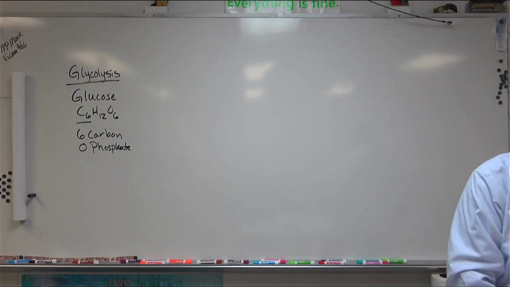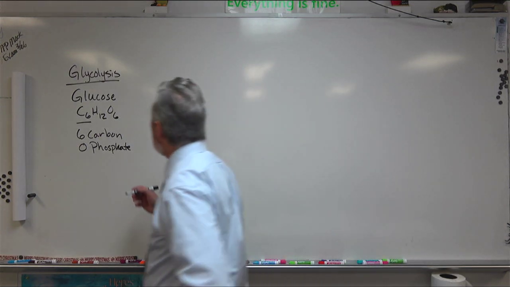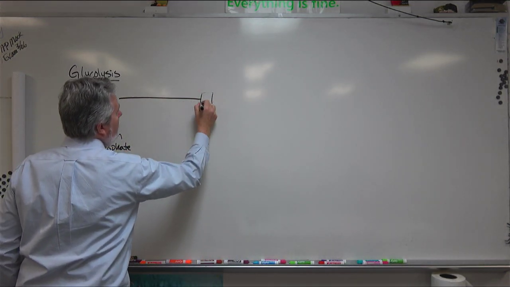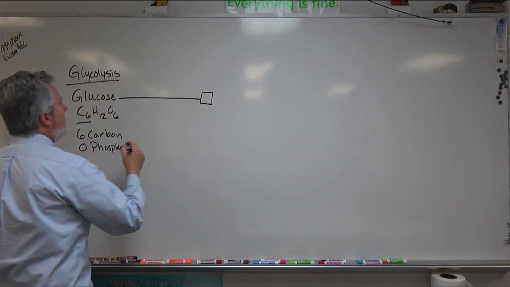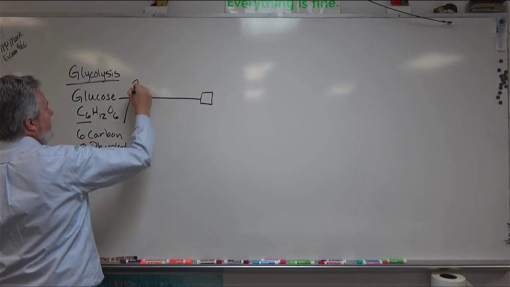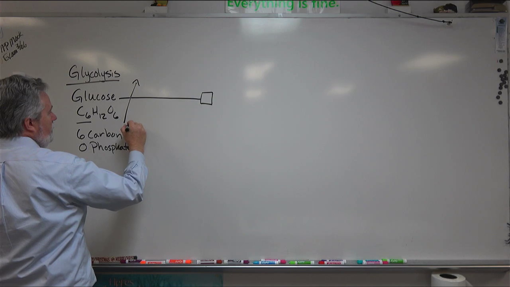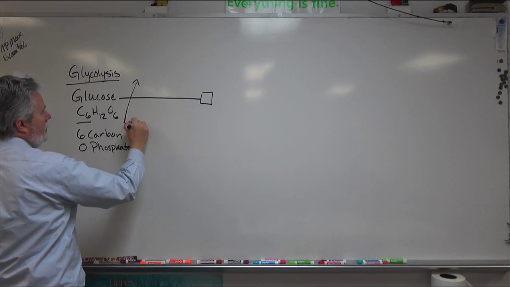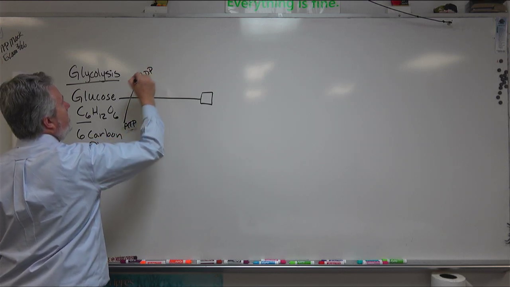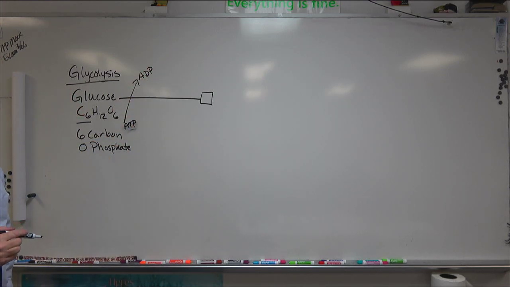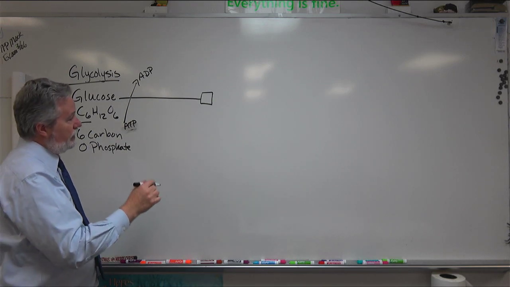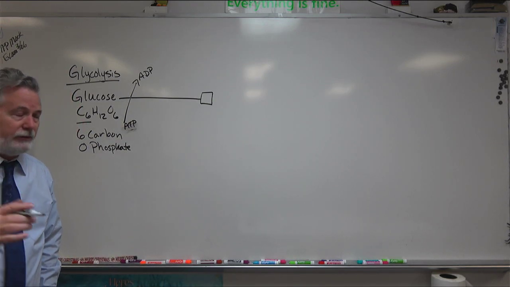All right, here we go. So, what is the first thing that happens to glucose? Gains a phosphate, good. So it goes from ATP to ADP, right? Okay, we need to check and make sure, and I'm sorry I'm being a little boring here, but we need to check and make sure that we have this stuff down.